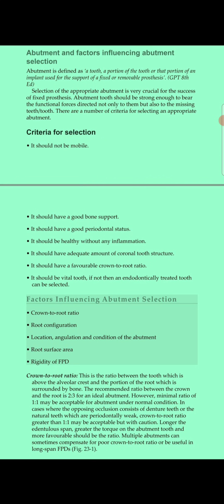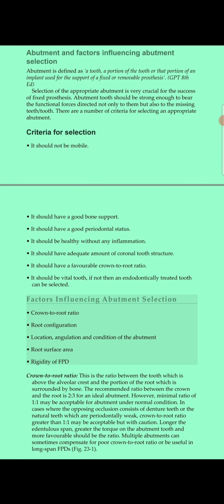In cases where the opposing occlusion consists of denture teeth or natural teeth which are periodontally weak, a crown to root ratio greater than 1:1 may be acceptable, but with caution. The longer the edentulous span, the greater the torque on the abutment tooth, and the more favorable the ratio should be. Multiple abutments can sometimes compensate for a poor crown to root ratio or be useful in a long span fixed partial denture.